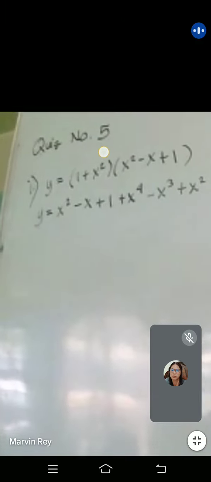So you just have to combine like terms. So y is equal to x squared plus x squared is 2x squared minus x plus 1 plus x to the 4th minus x cubed. So you can now differentiate.